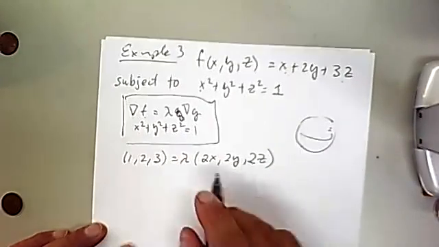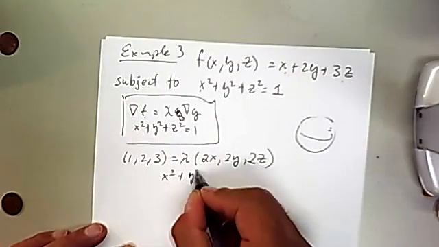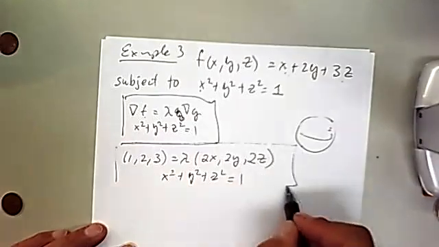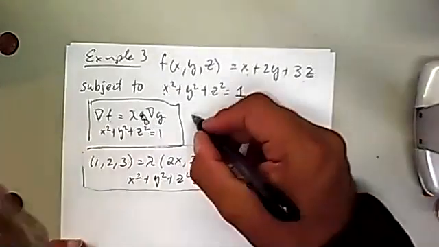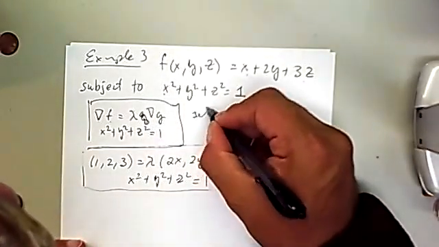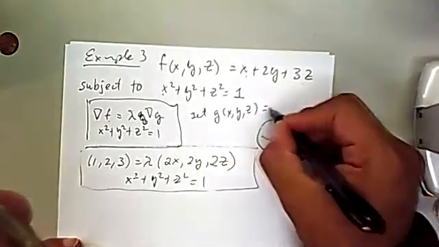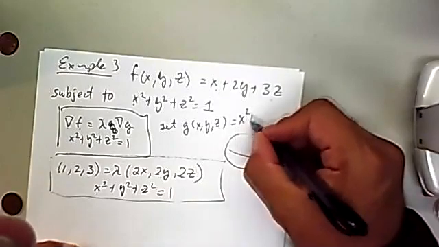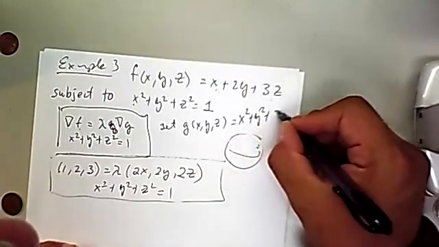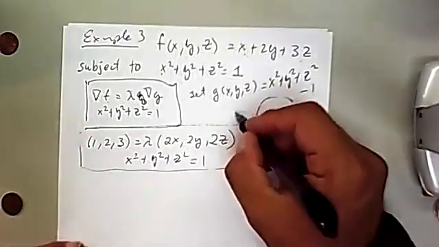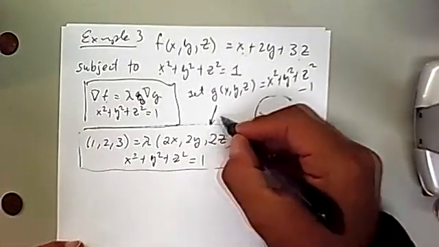And the restriction x squared plus y squared plus z squared equals 1. You know what, we should write g. Set g of x, y, z equal to x squared plus y squared plus z squared minus 1. I don't want to be too informal. There. So that's how we get the corresponding gradient.